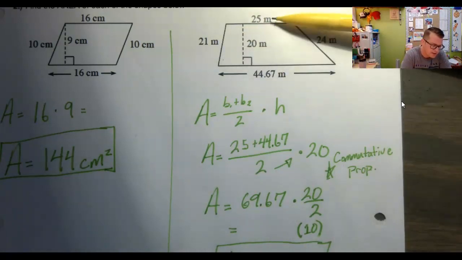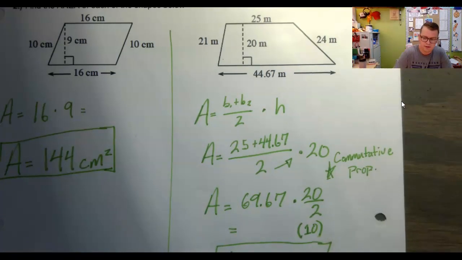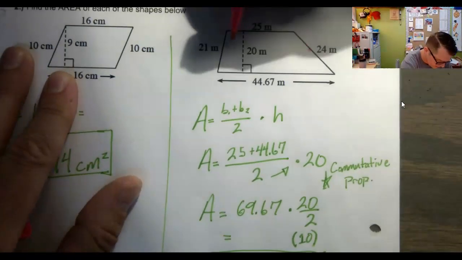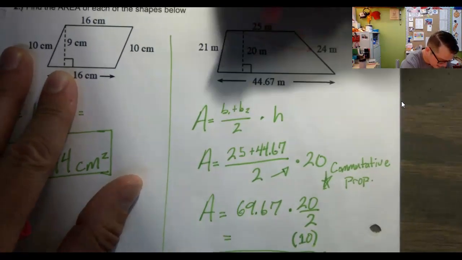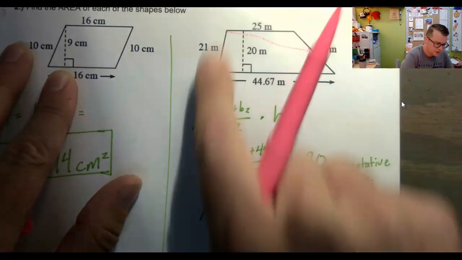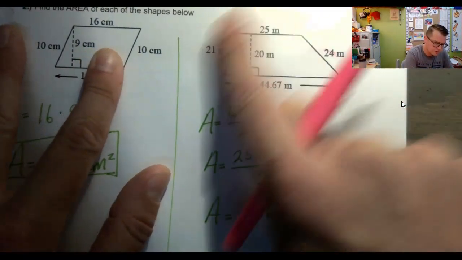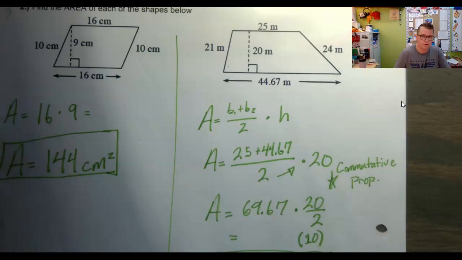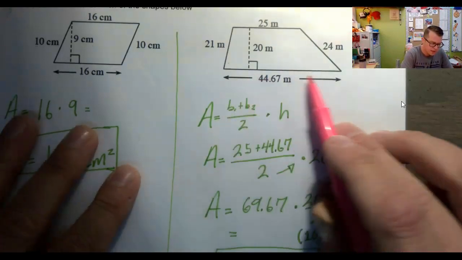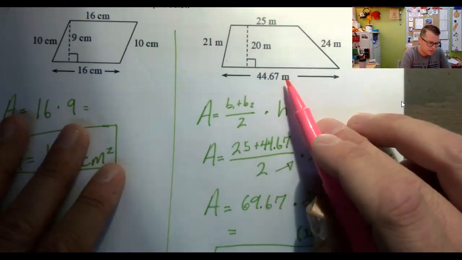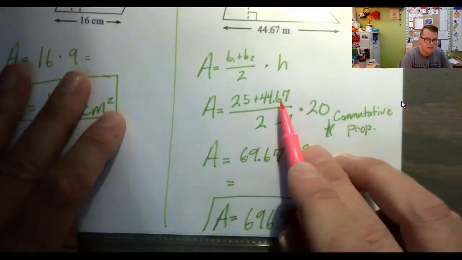So we add the bases together, and like we watched in that video from yesterday, if you remember it, if we put a point right here, drew a line, and cut the triangle, flipped it over, we could turn this entire parallelogram into a big old triangle, which is really where this formula derives from. But the new base would be the sum of the top base and the bottom base originally, which is why we add those bases together.